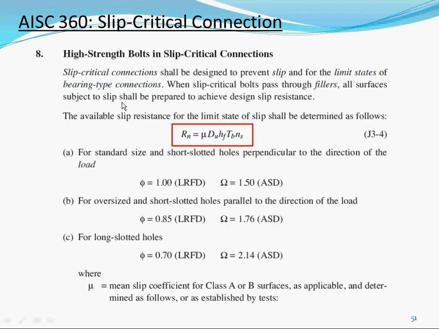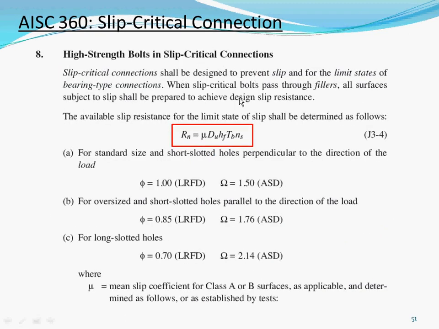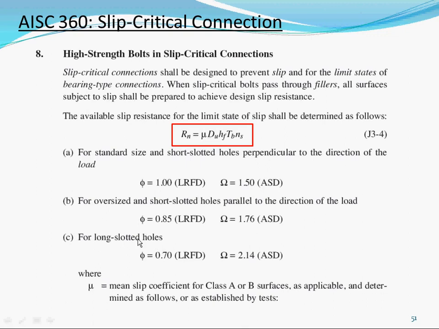Okay, so here it is straight from the AISC 360, slip critical. Phi equals 1 when you have a standard size hole. With an oversized or long slotted hole, your phi gets smaller. Mu is the surface friction, the slip coefficient. Now that's based on what class of preparation you have.